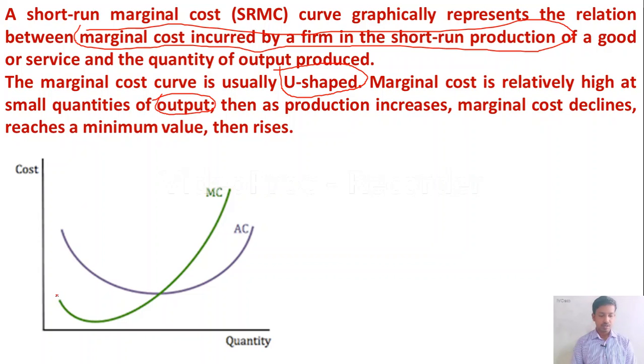Initially the marginal cost will be high, then when production starts increasing, the marginal cost will decrease and reach the minimum point, then again marginal cost will start increasing.